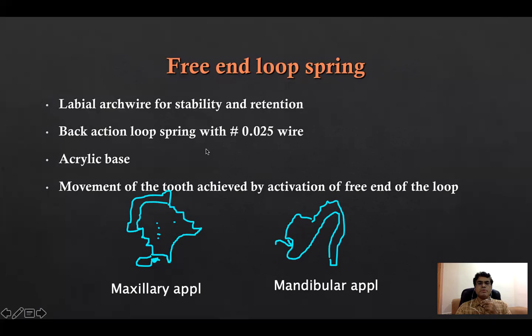Back action loop spring with 0.025 wire and acrylic base, and movement of the tooth is achieved by activation of the free end of the loop. This free end of the loop will be activated. This one is for maxilla, and here it is for the mandible, so that it will move the tooth distally.